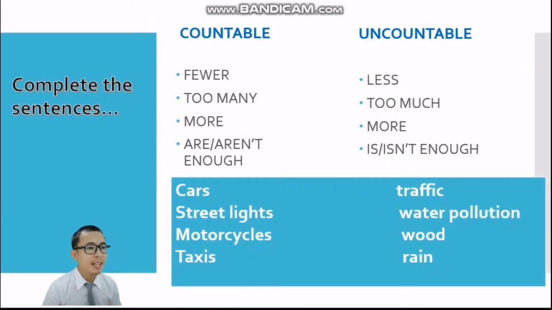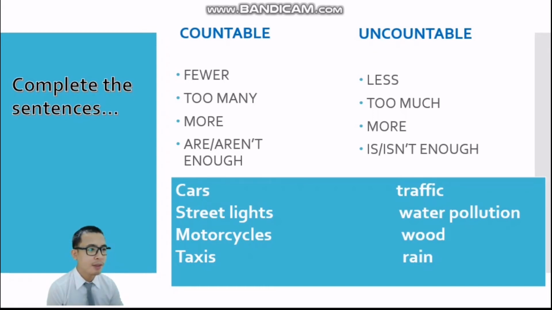Let's have a little exercise. I will be showing you pictures and sentences, and I want you to complete each sentence. For countable nouns, we have these quantifiers here: fewer, too many, more, are or aren't enough.